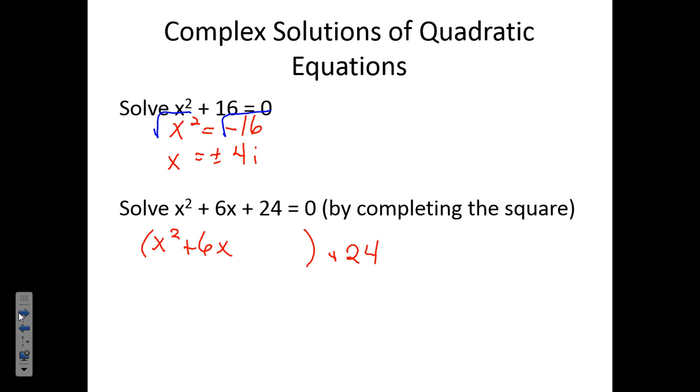How did we do that in section 2.1? Half the middle term squared. Half of b squared. Half of 6 is 3. 3 squared is 9. But I added 9. There's no leading coefficient here. So in order to balance the equation and keep it the same, I have to subtract 9.